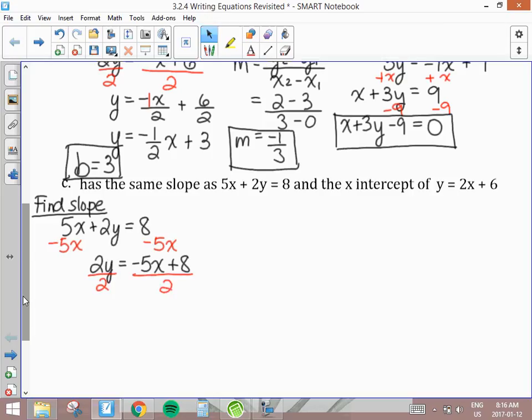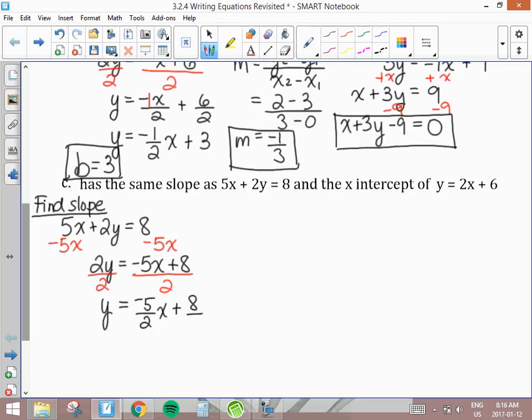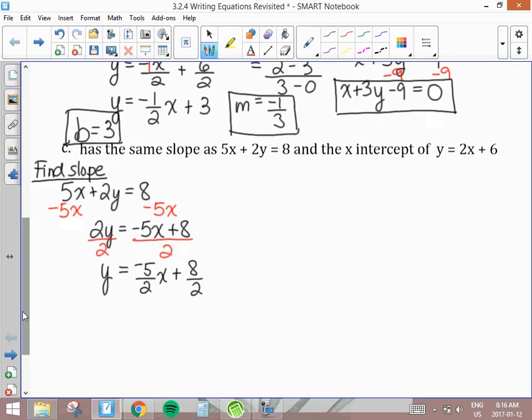I divide the whole left side by 2 and the whole right side by 2. That leaves me with just y equals. And then on the right side, I'm going to divide each term by 2. And I can simplify that y-intercept, but I don't really care. In this case, I was really just looking for the slope, and I figured out now that my slope is negative 5 halves.